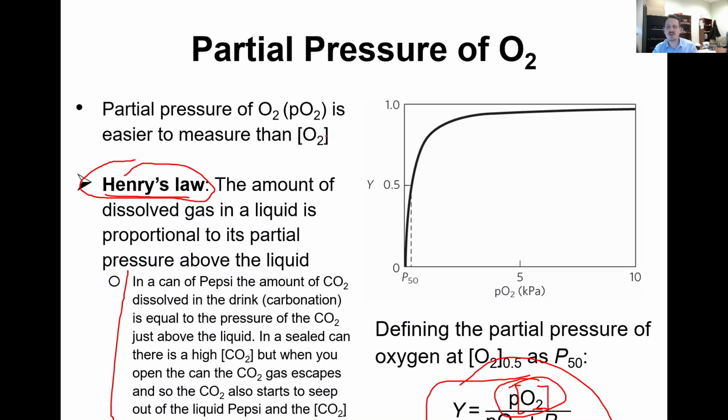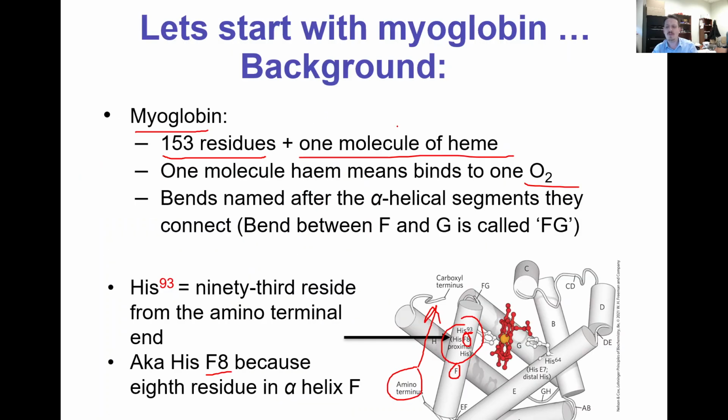Now, another aside that is really important is going back to some structural stuff. Remember this distal histidine that is on this side, which is the O2 binding side. Now, O2 is not the only thing that will bind to iron.